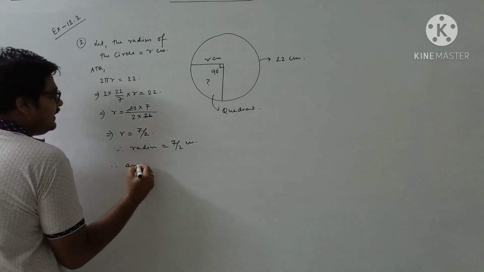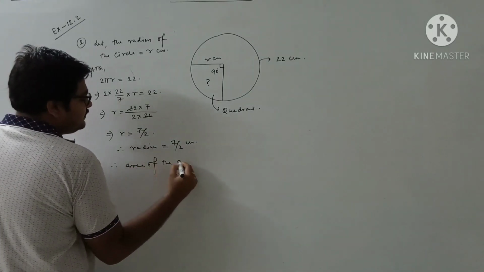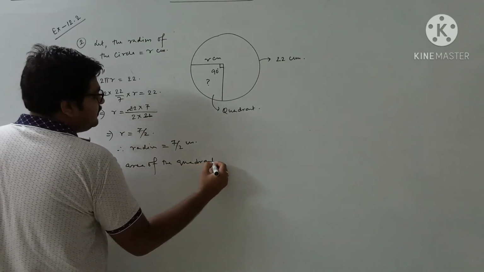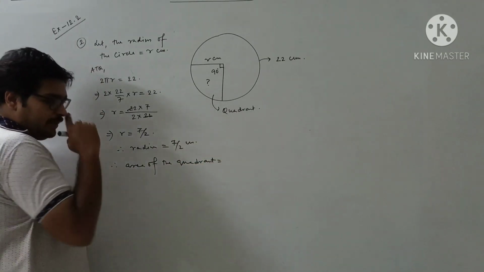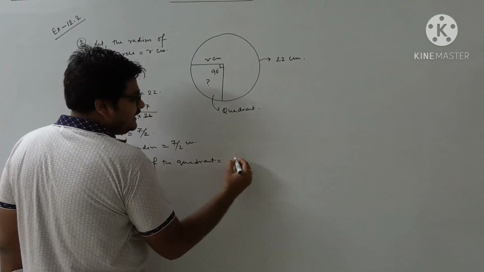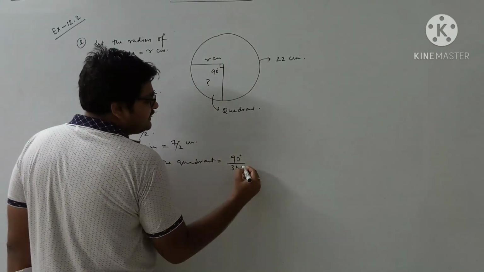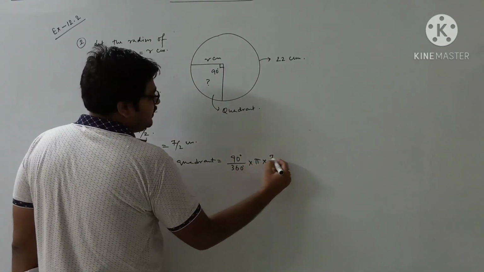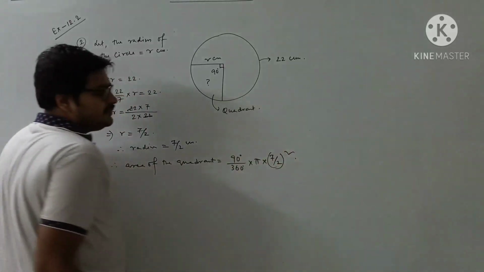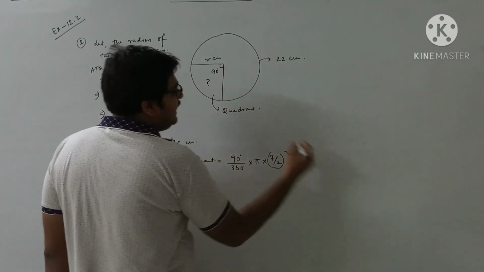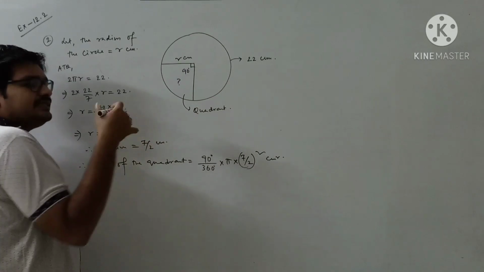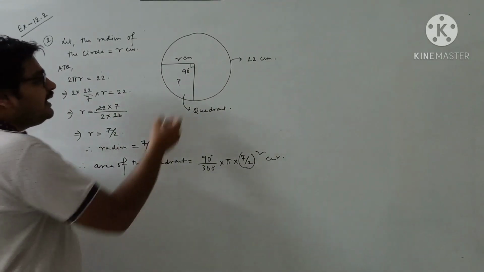Therefore, area of the quadrant. What is the formula? Theta by 360 degree into pi into r square, that is the formula we have learned for the area of a sector, because a quadrant is also a sector of a circle. Sectorial angle is 90 degree.